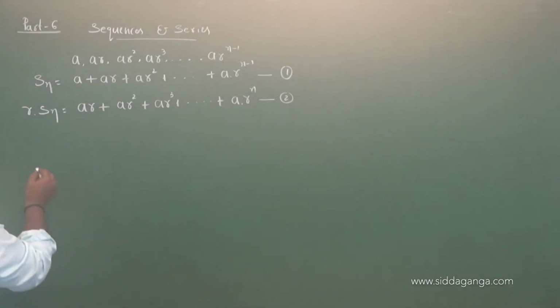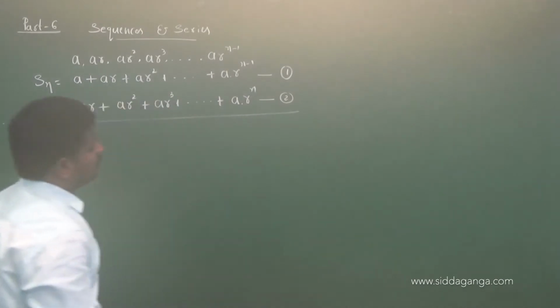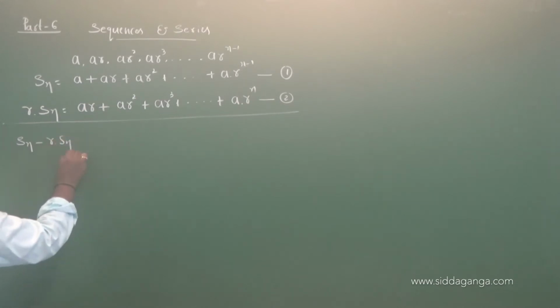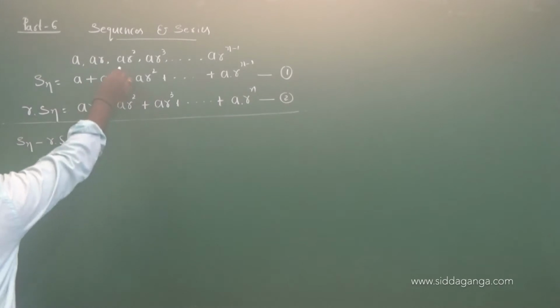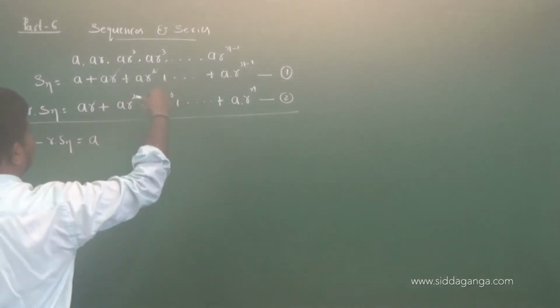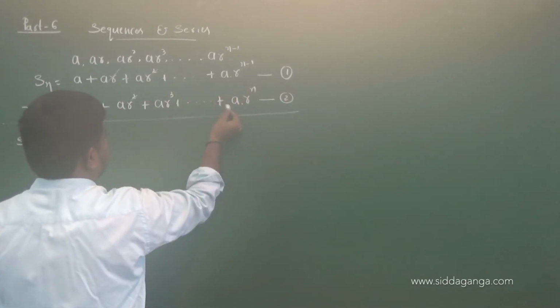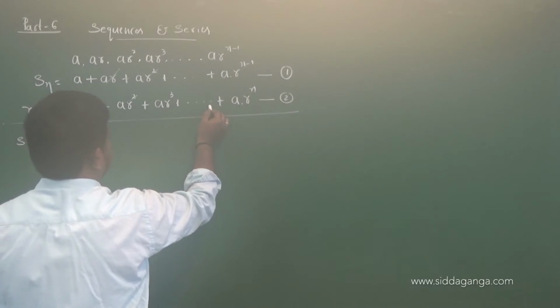Now let me subtract equation 2 from equation 1. What do you get? S_n minus r into S_n equals a, and then ar, ar squared and so on get cancelled, and also ar to the power of n minus 1, the preceding term, gets cancelled.